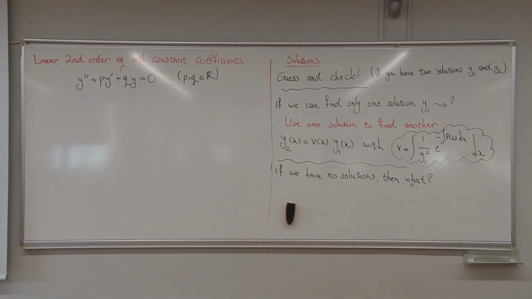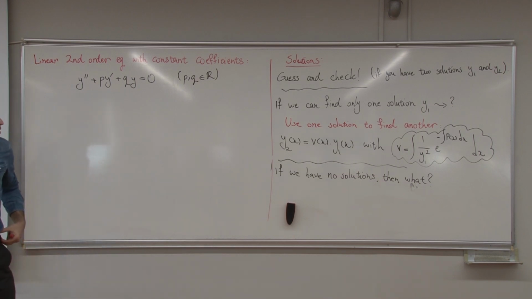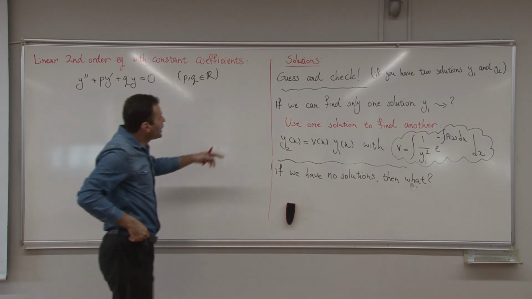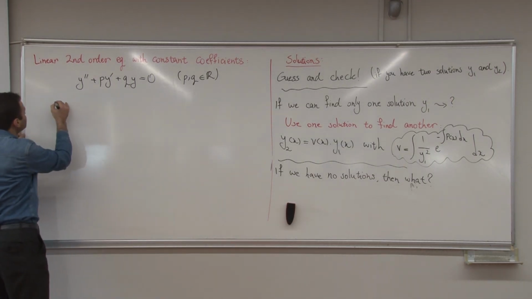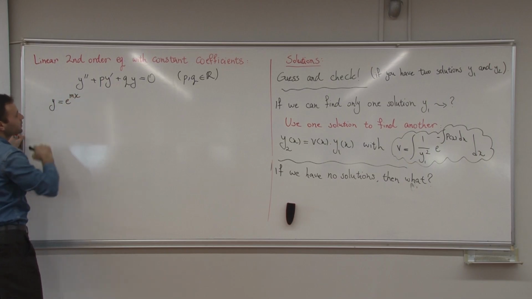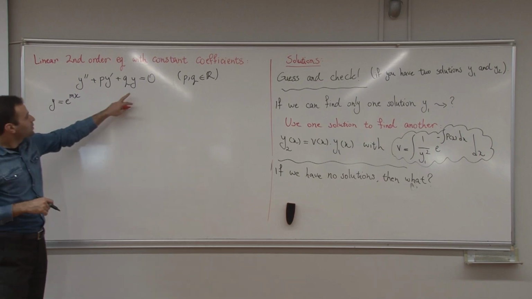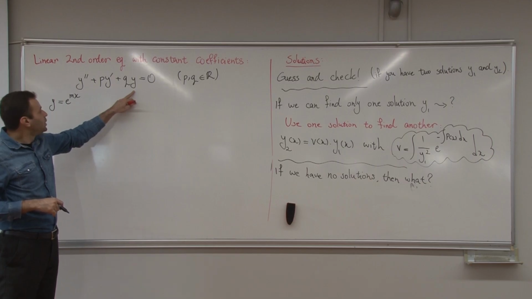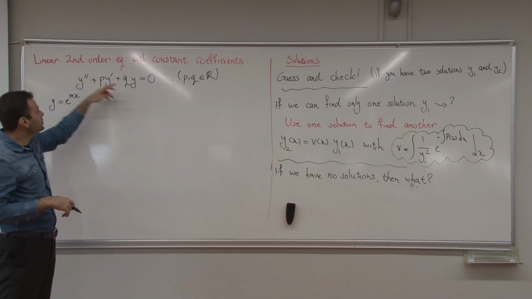How did we solve this equation? Again, what we have done is that we try to guess some solutions, right? And for that, we said, let our y be this kind of function, e to the power of mx. Why did we make this kind of guess? Because I want the function itself, added to its derivative and its second derivative, to become 0.